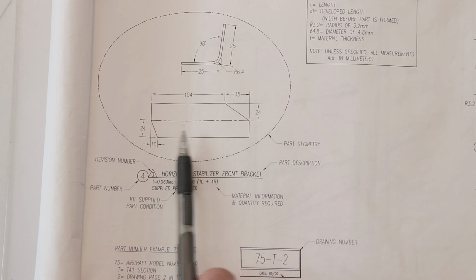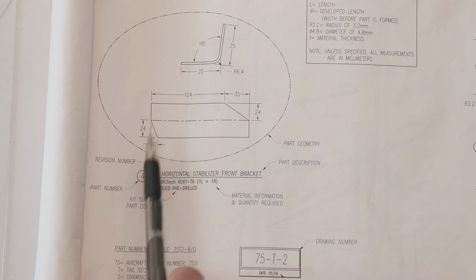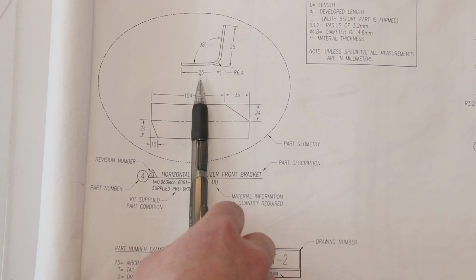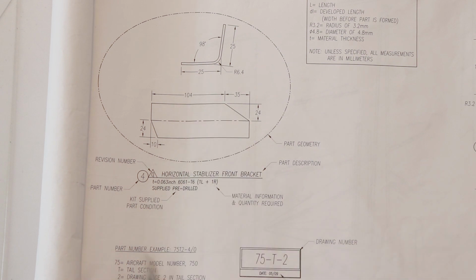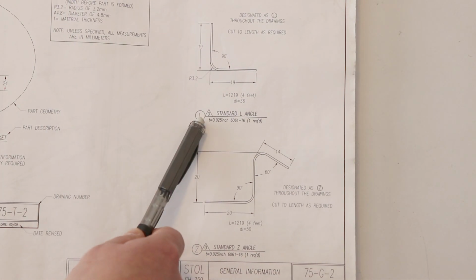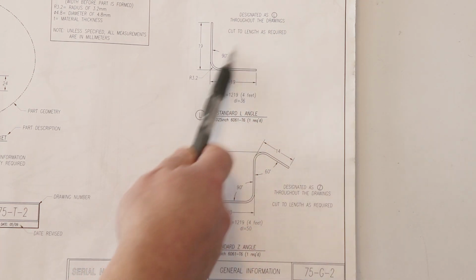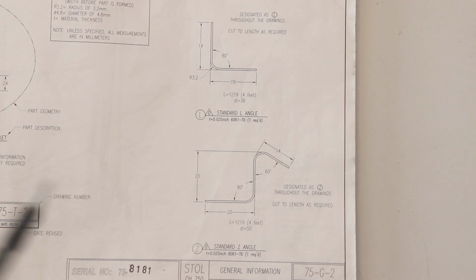So in a lot of drawings, you're going to find that the dimensions before the part is bent are going to be shorter than what they should be once the part is formed, and we'll get into more detail on that later. Over here we have an example part. Now this is called standard L. They tell you that it is designated as L with a circle in it throughout the drawings, and we cut to length as desired.